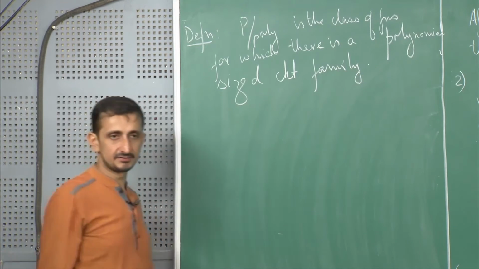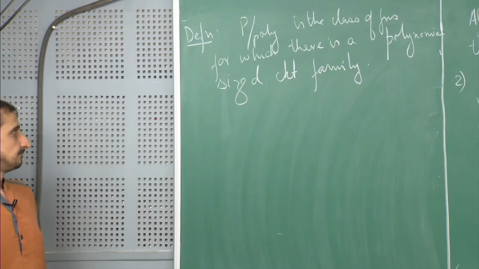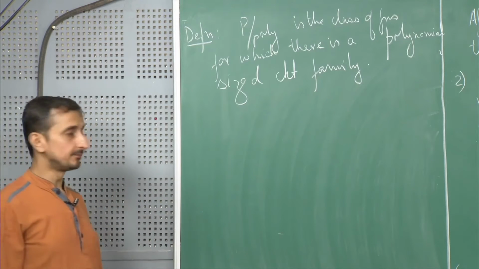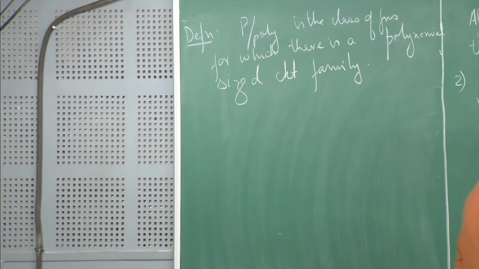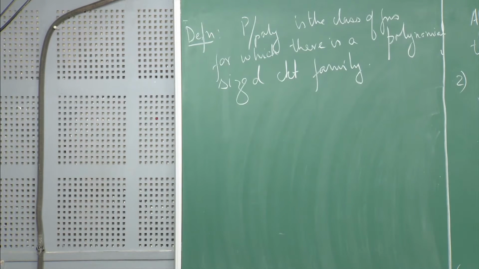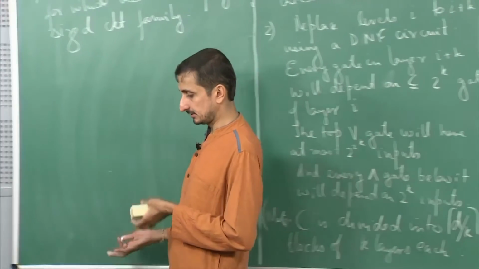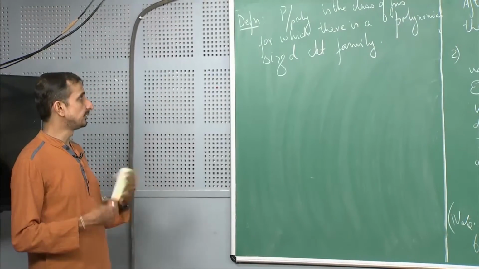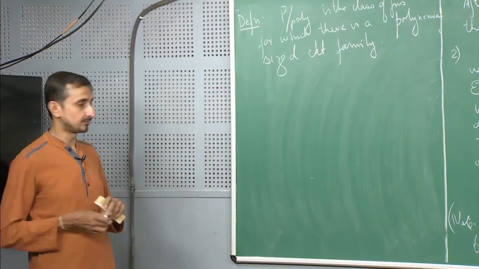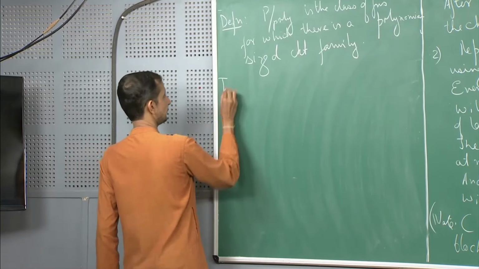Okay. We do not have any restrictions on the depth, it is just any polynomial size circuit family. Now the question is, we have seen the relation between these bounded depth circuit classes and uniform classes. What can we say is the relation between, for example, P and P/poly. Okay. That is what we are going to see.